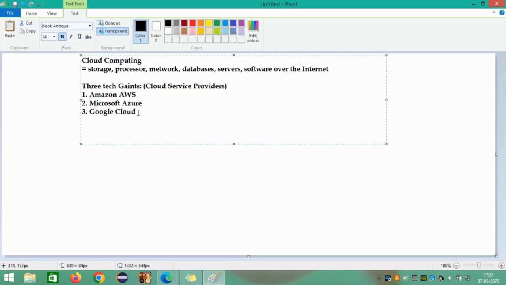Again, each of these service providers is going to be using a different policy for billing and pricing. So, having said that, there are various flavors of services which are provided, something called infrastructure as a service.